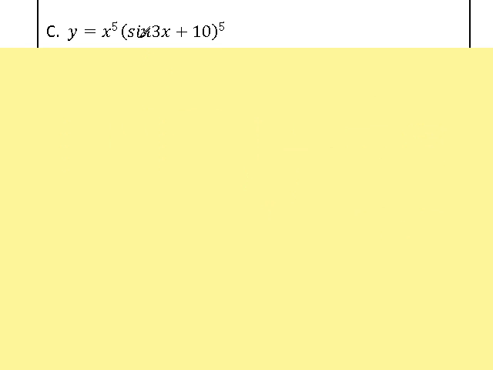In C, we have a product. Here's the first function times the second function. So we'll do the product rule, the first times the derivative of the second. Here we're going to do a chain rule. Bring down the 5. Okay, subtract 1.